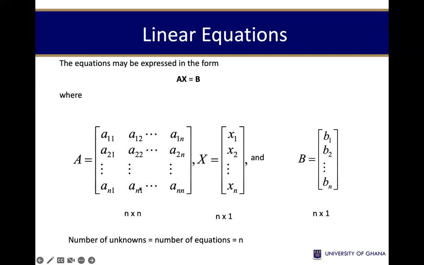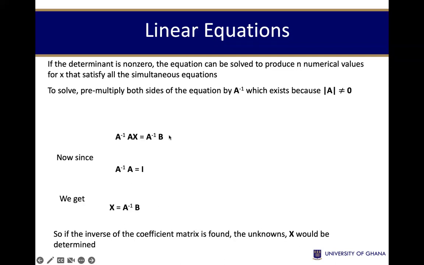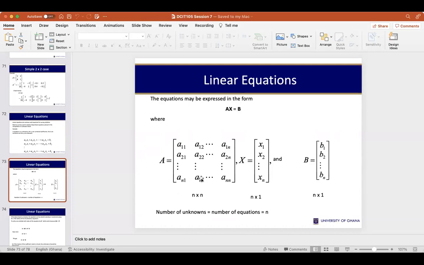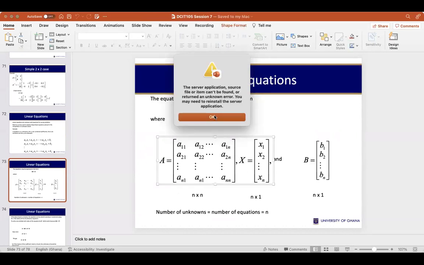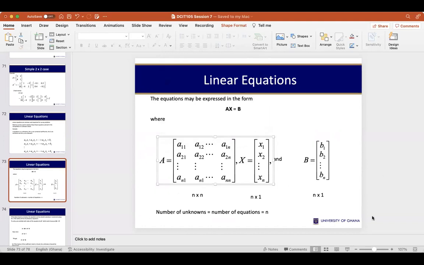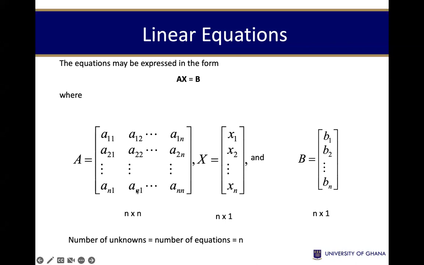I'm sorry, this is supposed to be an2, not ann. I don't have MathType on this math book, but let's go ahead. So this is supposed to be an2, not an1, okay? What you can see here.